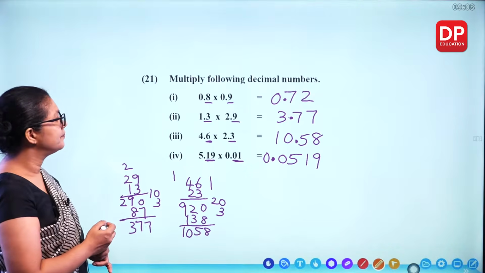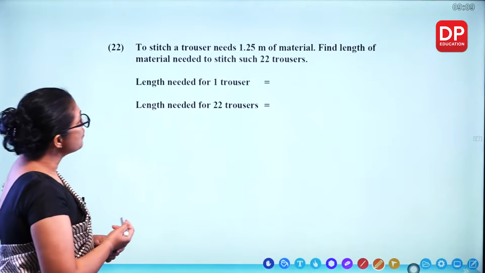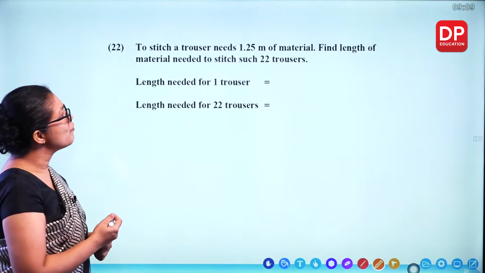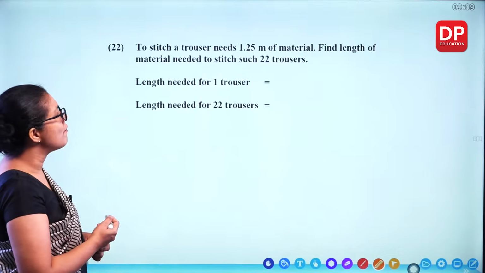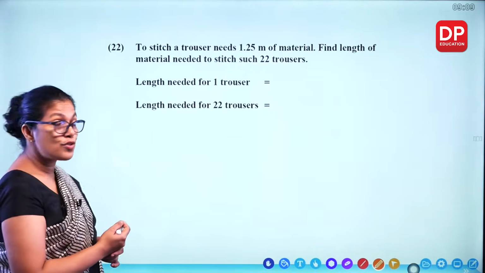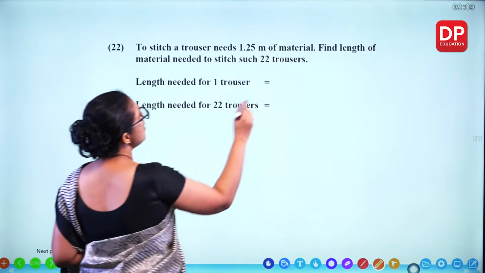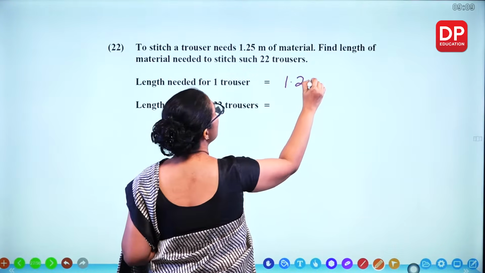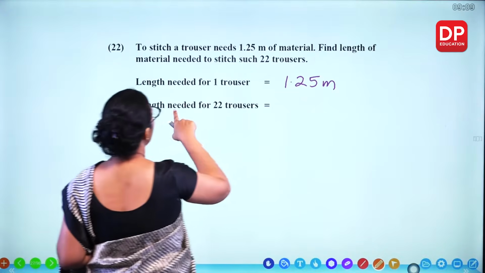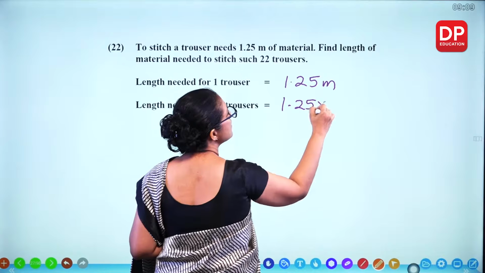0.0519. Question number 22. To stitch a trouser needs 1.25 meters of material. Find the length of material needed to stitch 22 such trousers. So what is the length for one trouser? 1.25. For 22 trousers, you need to multiply this by 22.